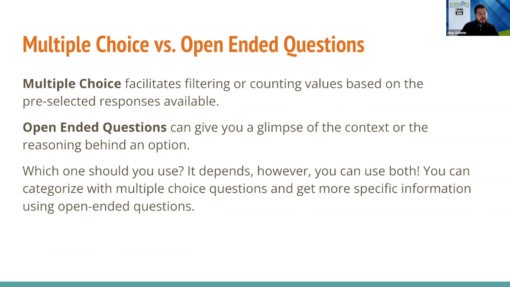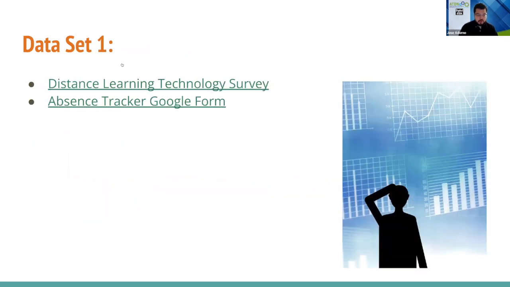You can categorize with multiple choice questions to get a general category or theme of what you're looking for, but also have an open-ended question so they can elaborate on what they mean. And there's an example here. This is the first set, when we jump into the Google Form.